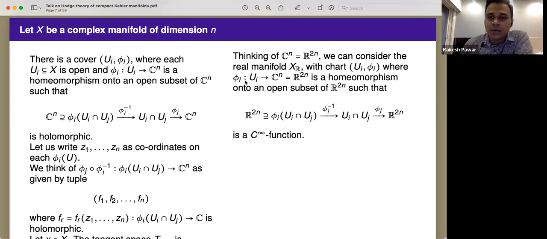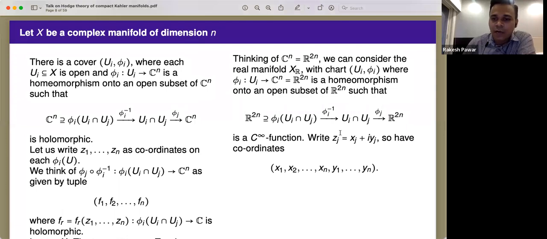Such that again, the image is homeomorphic onto an open subset of R2n, and the transition functions are now from an open subset of R2n to R2n, and we observe that the component coordinate functions are C infinity functions. And now we want to think about what the corresponding coordinates are.